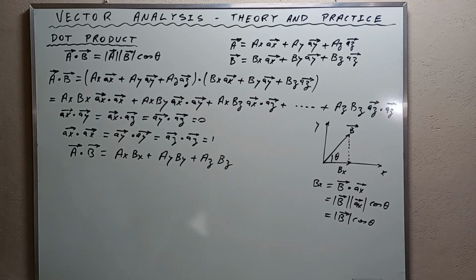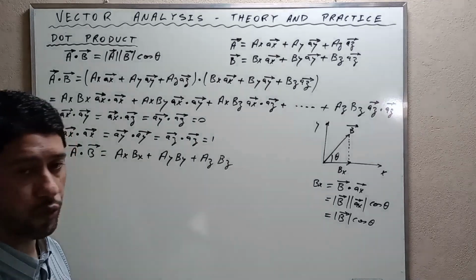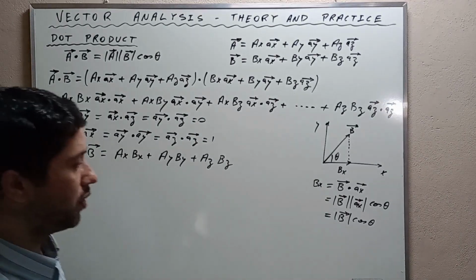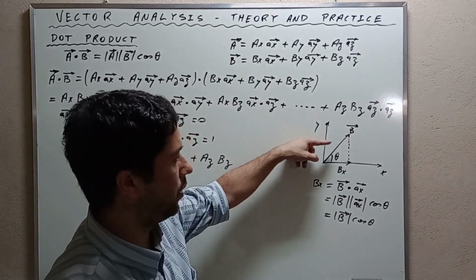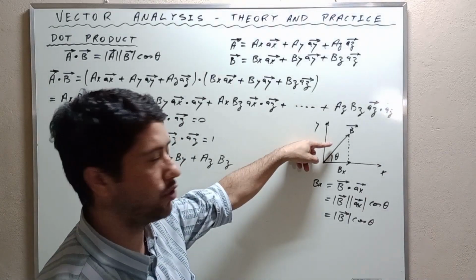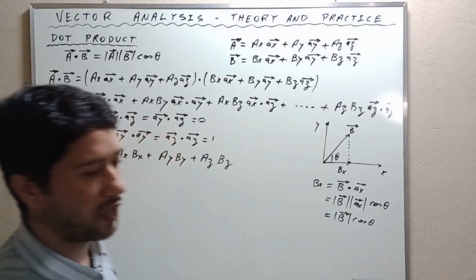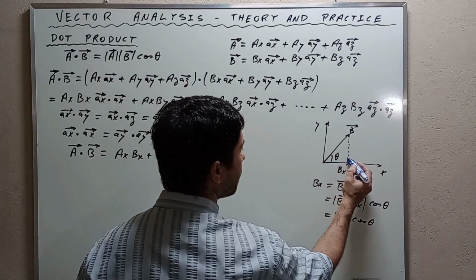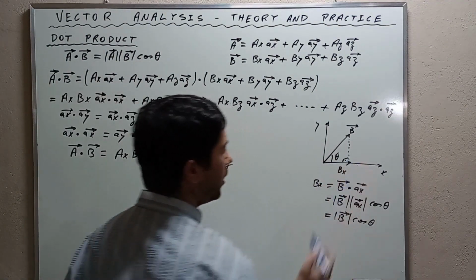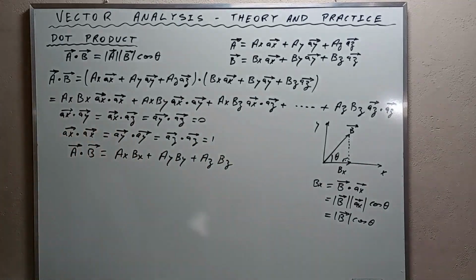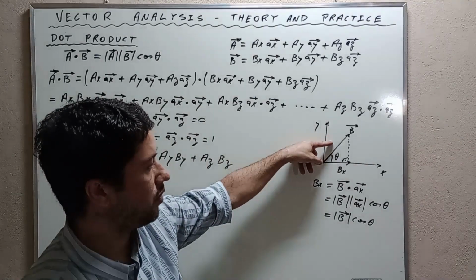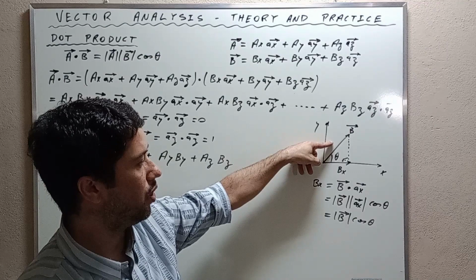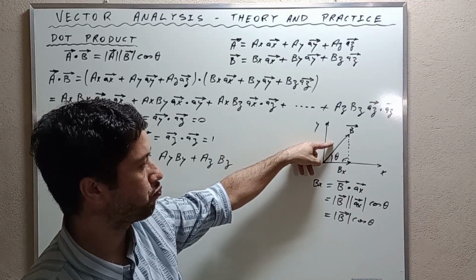Okay? This is easy to understand because if you remember your high school geometry, you're going to see that this is a right triangle, and the magnitude of the vector is the hypotenuse of this right triangle.